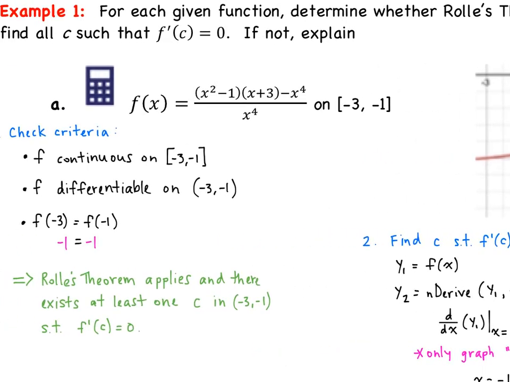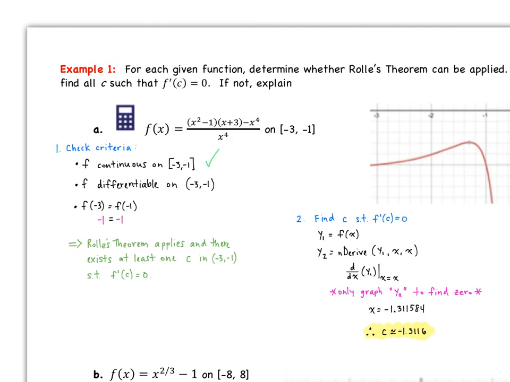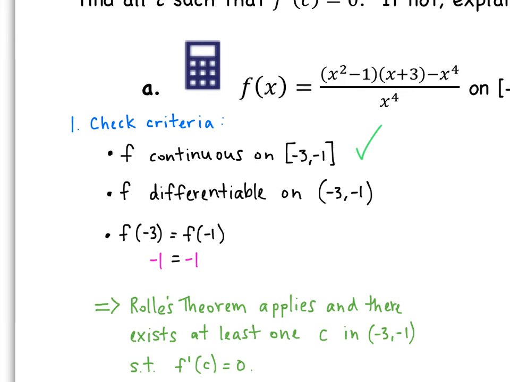So criteria number 1, continuous, is met. Check. Is it differentiable on the open interval from -3 to -1? Again, looking at this graph to the right, we can see yes, it is differentiable. So that second criteria is met.